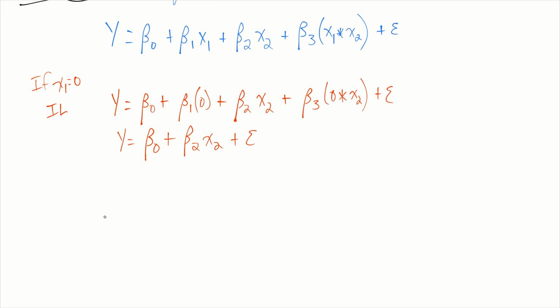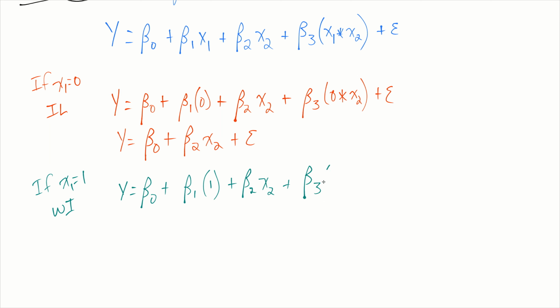Now, if x1 equals 1, corresponding to Wisconsin, our model then becomes beta naught plus beta 1 times 1 plus beta 2 times x2 plus beta 3 times 1 times x2 plus epsilon.